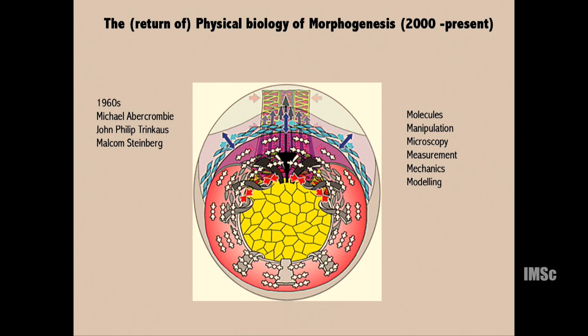But I think the resurgence of the physical biology of morphogenesis has been largely due to our ability to visualize, manipulate, and measure not just what cells and molecules are doing, but also what sorts of forces cells exert on their neighborhood, what sort of forces they experience.